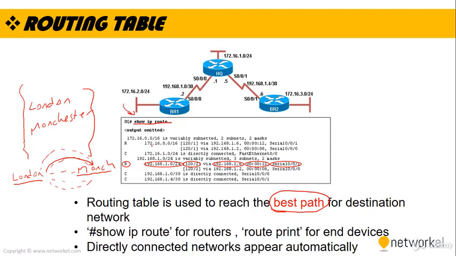As you can see here, for example, that's a routing table entry which shows how we can reach the 1.0 network via 1.6. It's saying that's the best path. And here we also have another best path.